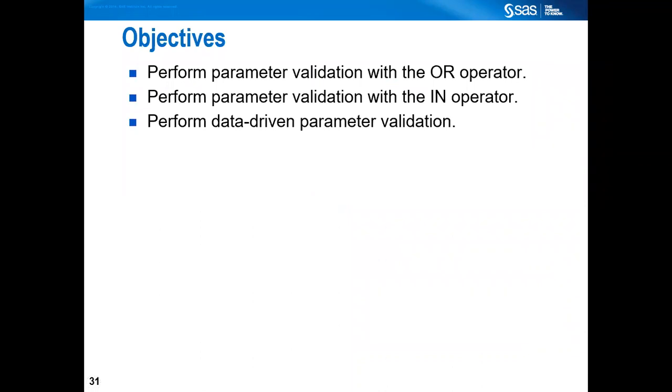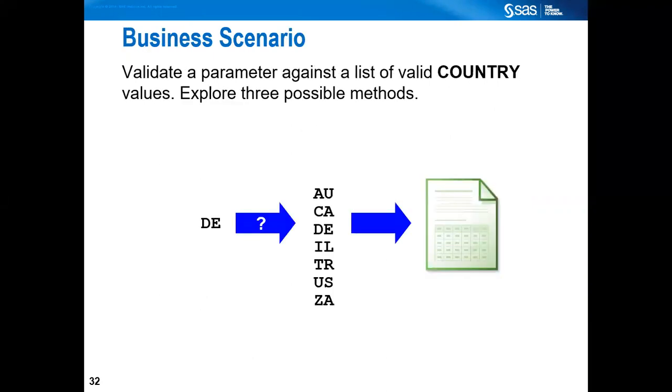So the objectives here are to perform parameter validation with the OR operator and of course with the IN operator, and to perform data driven parameter validation as well. The scenario here is we will validate a parameter against a list of valid country values and explore 3 possible methods.